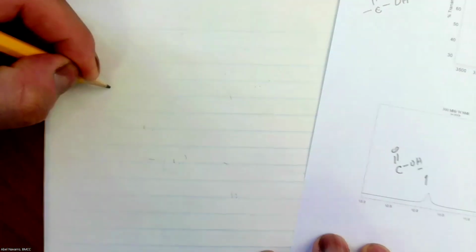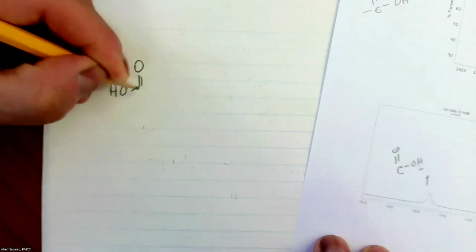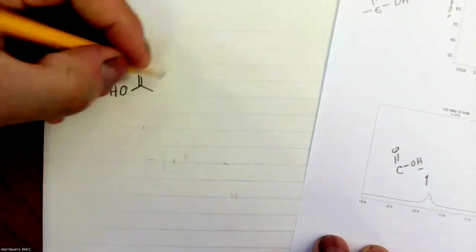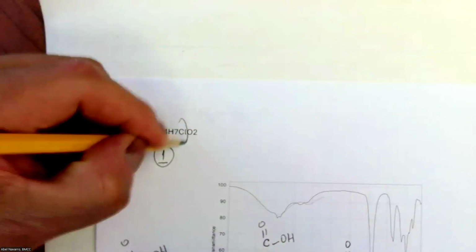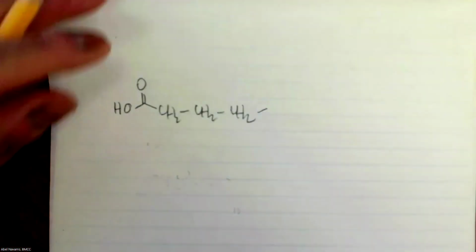So I have the carboxyl group. Let's use group here. I have the carboxyl group. And I have the CH2s. 3 CH2s, right? And what else? The chlorine. The chlorine as a cap.